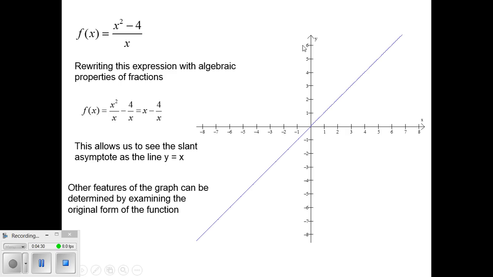So you should see that this would be the shape of it: moving towards the slant asymptote, then moving towards the vertical asymptote, passing through negative 2, riding along the vertical asymptote, passing through 2, and then heading for the slant asymptote.